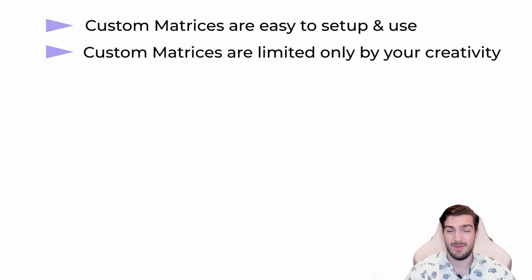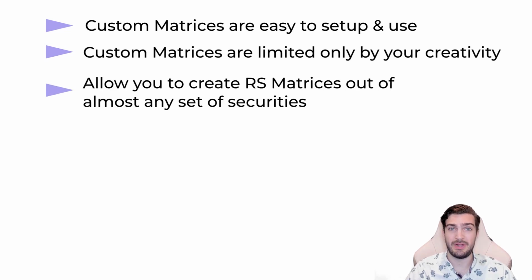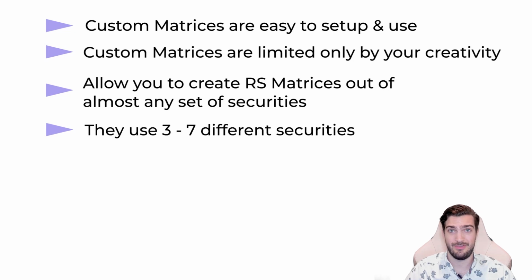With all of that said, let's quickly summarize everything that we've covered in today's video. Custom matrices give us the power to create a relative strength matrix out of any of 10,000 different stocks and ETFs that are available. With this, we can create a custom matrix ranging from 3 to 7 different securities.